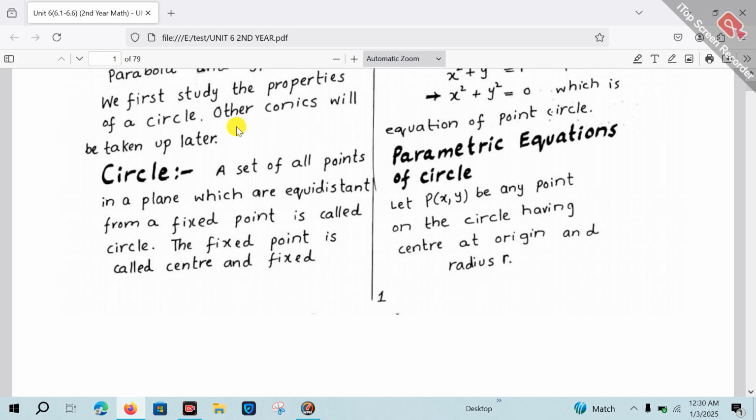If we collect all these points, and if their distance from a fixed point is the same, for example, if from the center to the boundary the distance is 5 centimeter, then any point covering the distance from center to the boundary should also be equal to 5 centimeter.